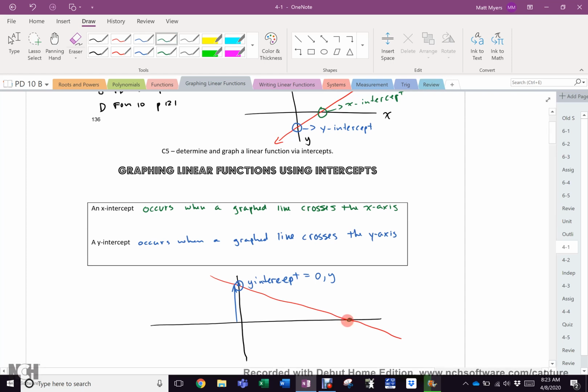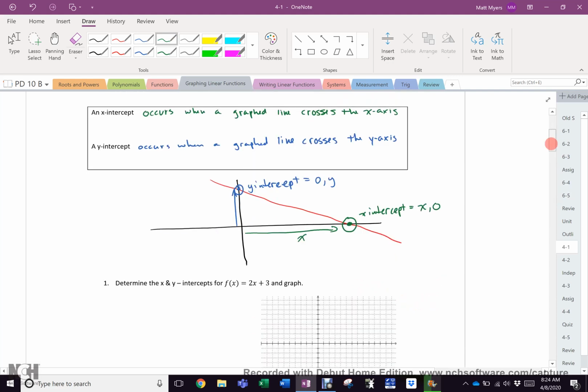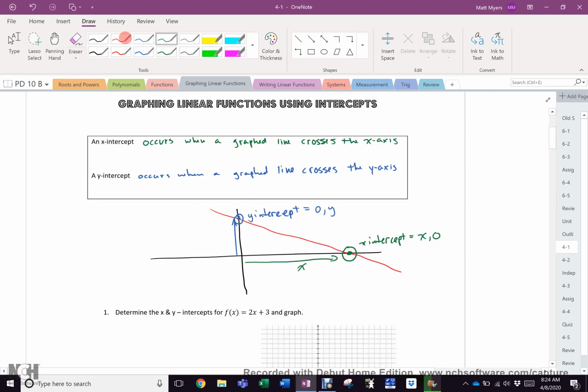So obviously, do you know this distance? No. Do you know its vertical distance? Yes, it's 0. So this x-intercept must be x, 0. Now, let's think about that for a sec. Can that always be true? Well, let's draw another line on here. We'll draw a gray one.